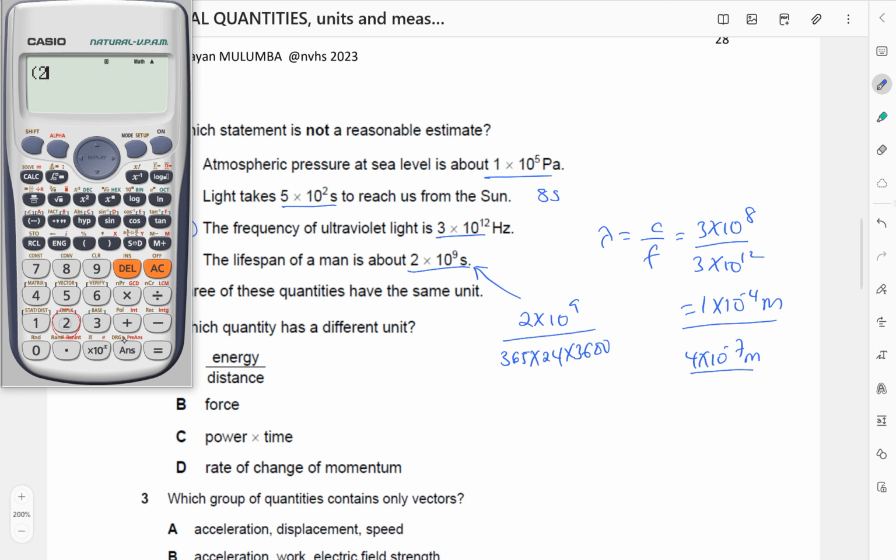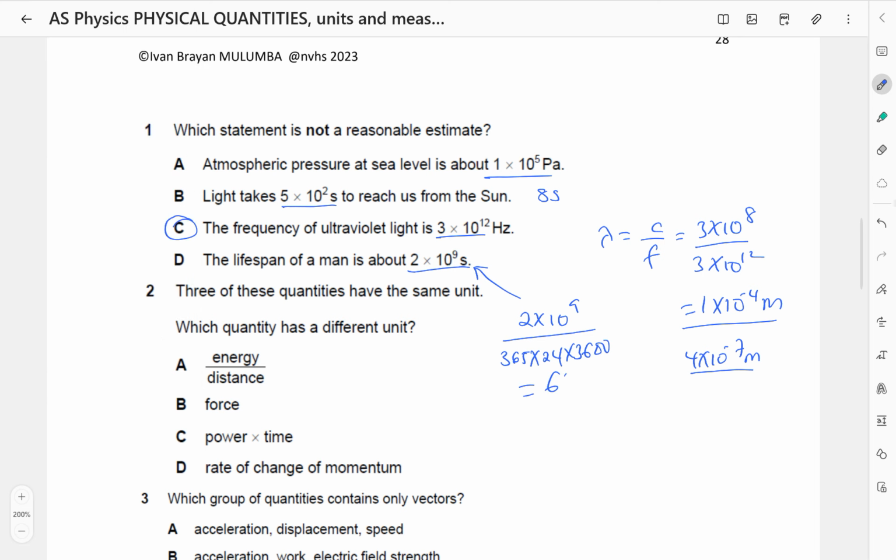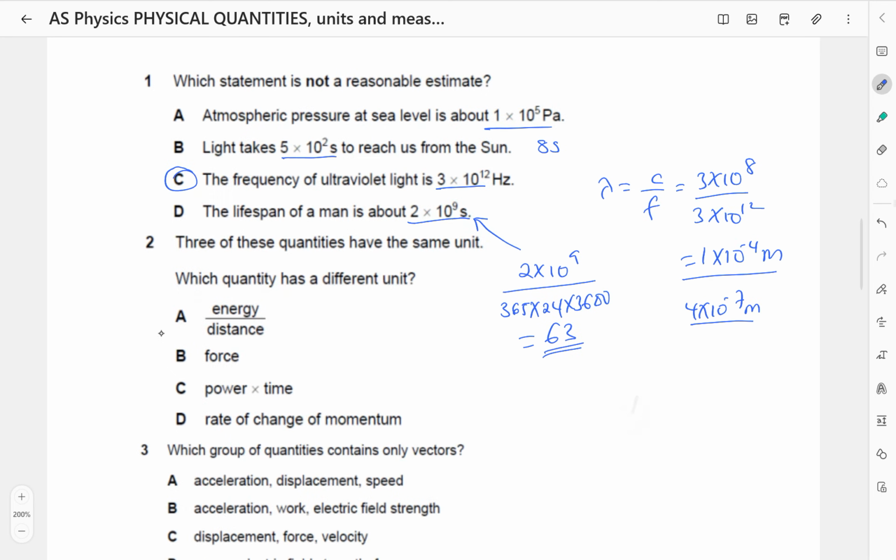So 2 exponent 9 divided by 365 days times 24 hours in a day times 3,600. That is 63 years. That is a reasonable value, but of course not in Africa. In other countries, in Africa, I think it's around 45 on average.